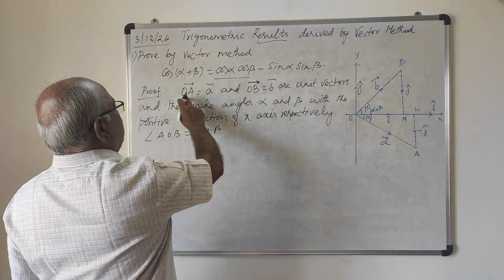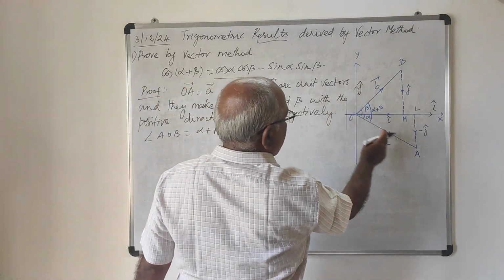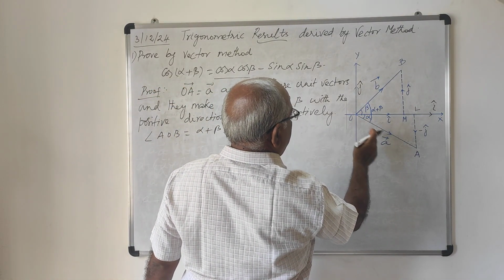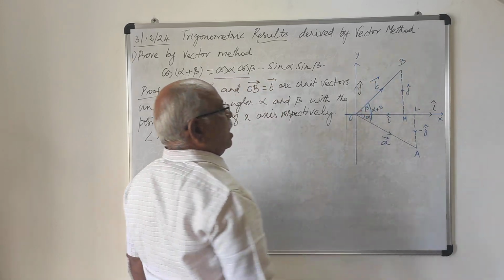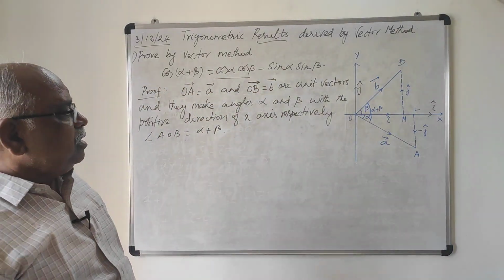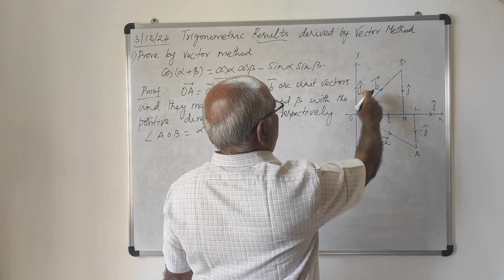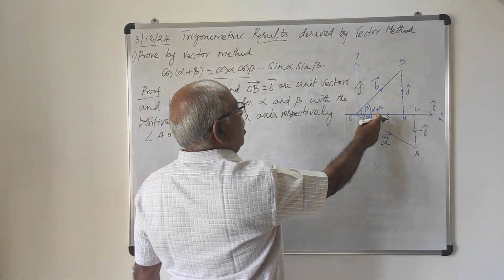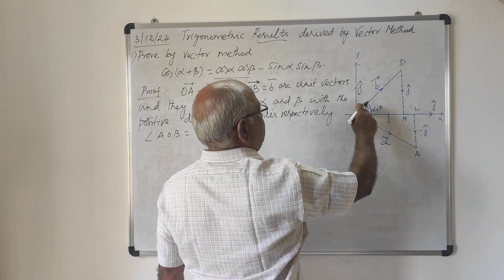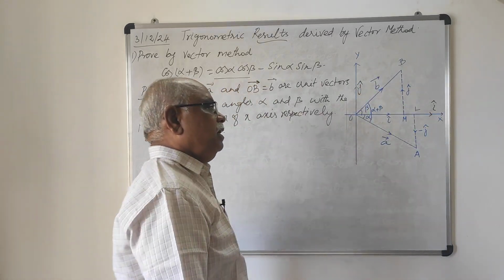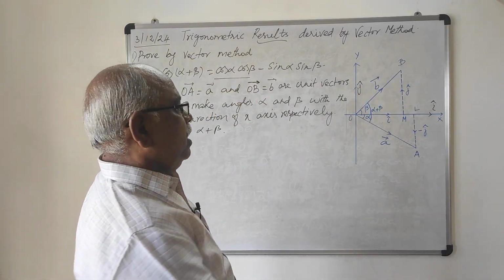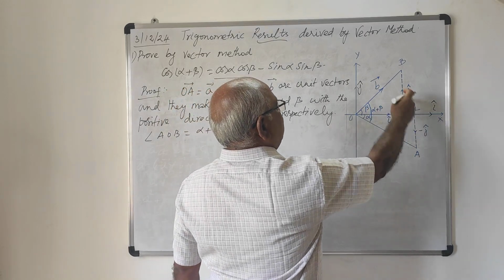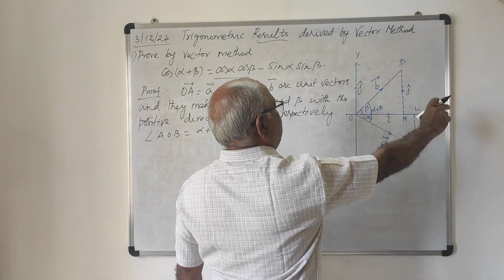Now consider, with respect to the origin O, OA is vector A and OB is vector B, which are unit vectors. They make angles alpha and beta with the positive direction of the x-axis respectively. OA makes angle alpha with the x-axis and OB makes angle beta with the x-axis.